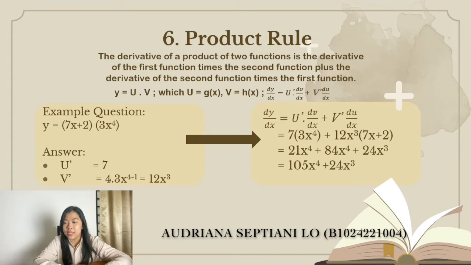Next, it is 20x to the power of 4 plus 84x to the power of 4 plus 24x to the power of 3. And the final result is 105x to the power of 4 plus 24x to the power of 3.